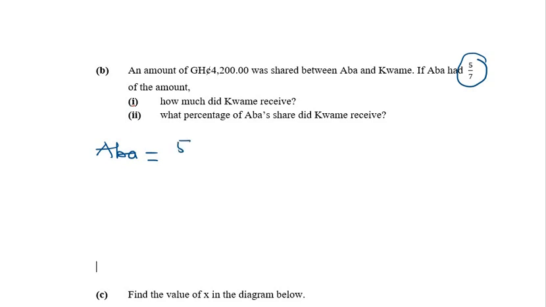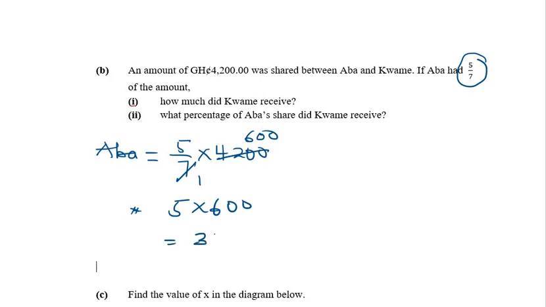So Abba will be 5/7 times 4200, right? 5 goes here, 7 goes here 1, it goes here 600. So we are going to get 5 times 600, and that is going to give us 3,000.